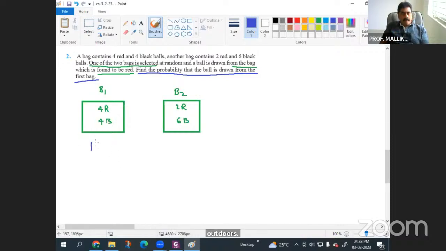Now, what is the probability of B1, choosing the first box? Yeah, Sonia, tell me. 1 by 2. Am I right, Sonia? 1 by 2, correct. Then probability of red given B1.